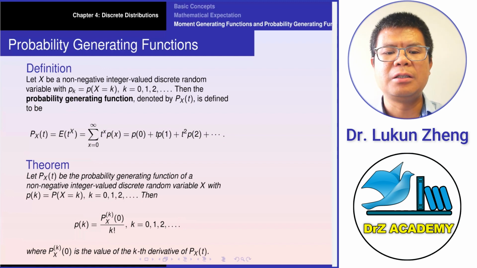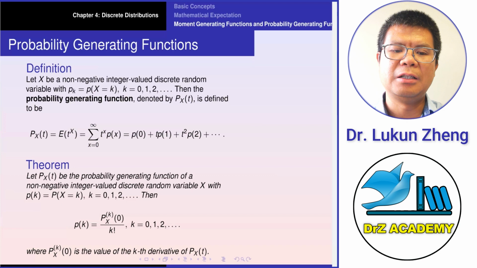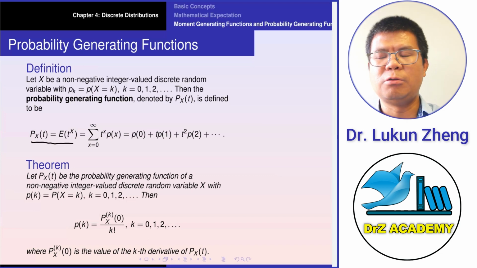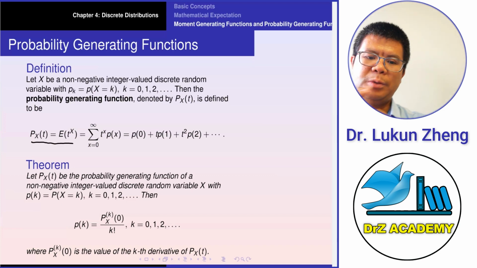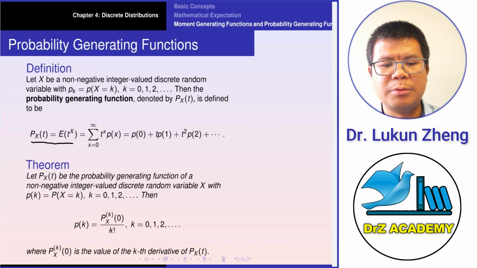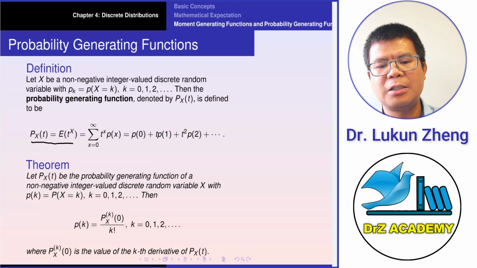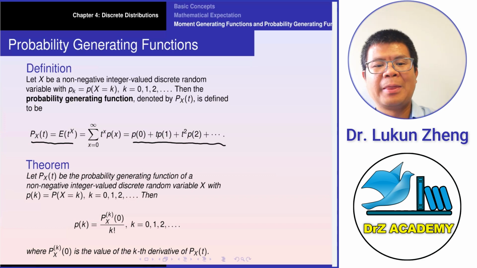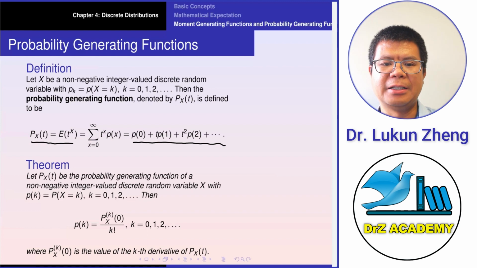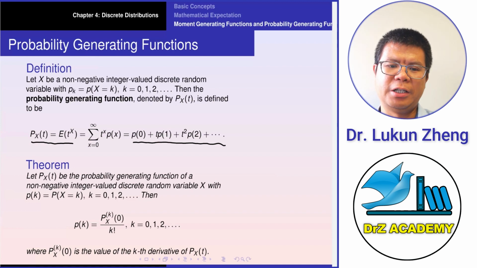Then the probability generating function denoted by Px(t) is defined to be E of t raised to the power x, so it's a summation from 0 to infinity of t raised to the power k times p of k. So that's what we have for Px(t), the probability generating function.